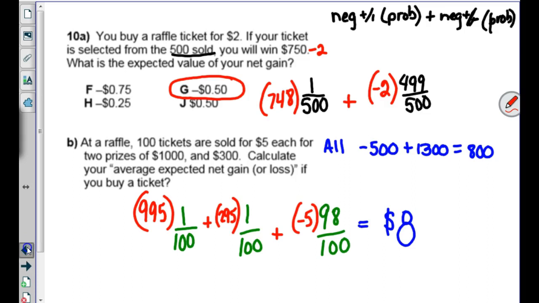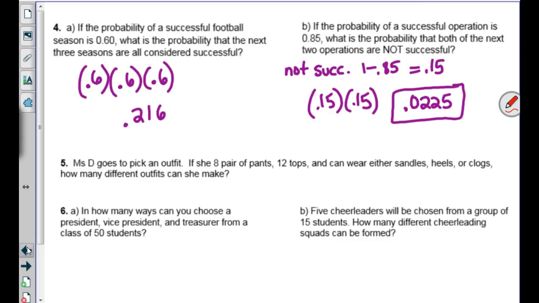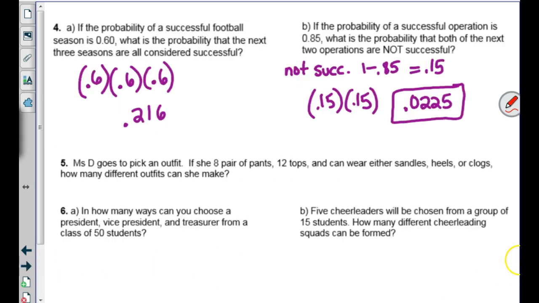All right. Did I skip anything else? The very beginning ones? Did we get all those answers right or not? Number 5. This is just what's called counting principle.